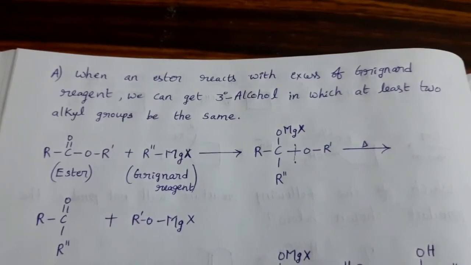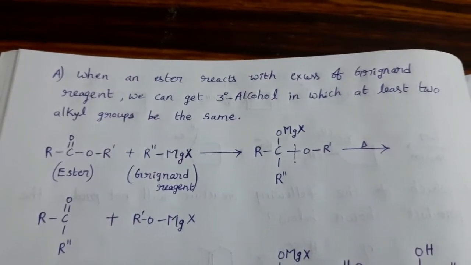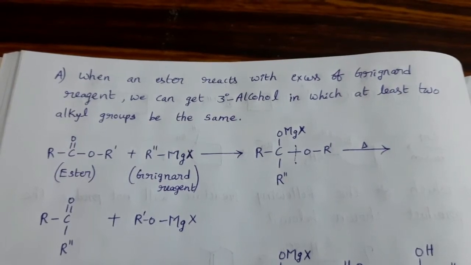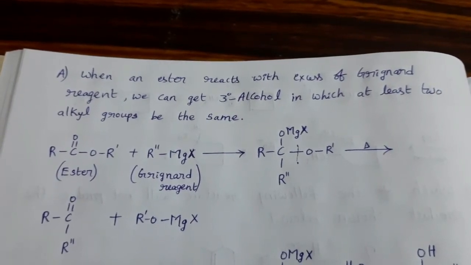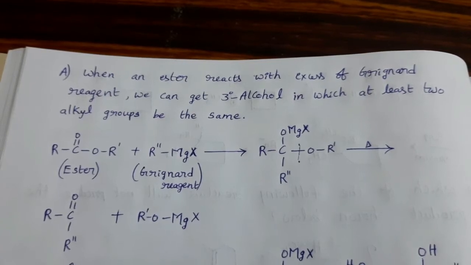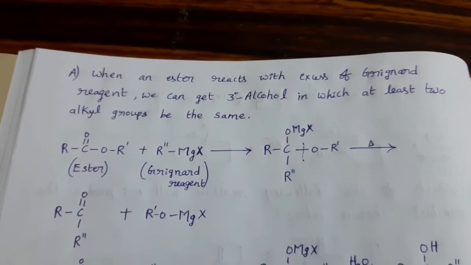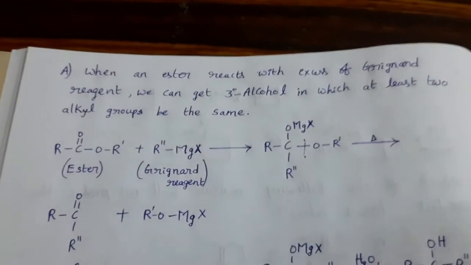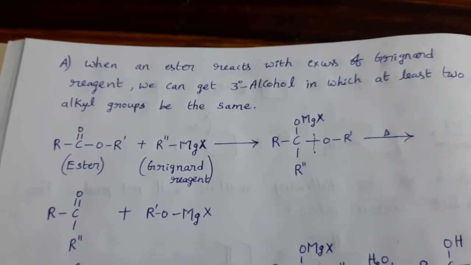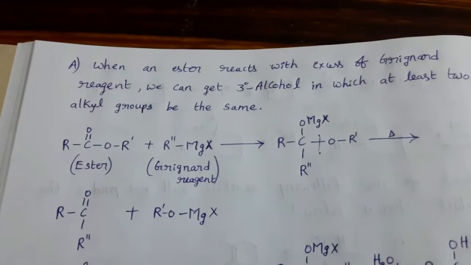When ester reacts with excess of Grignard reagent, we can get tertiary alcohol. Tertiary alcohol means 3 alkyl groups are present. Now in this reaction, 2 alkyl groups should be the same. Another one may be same or different. Suppose if we take different alkyl groups, then what will happen? See here.